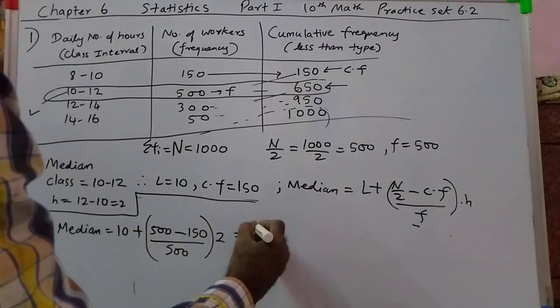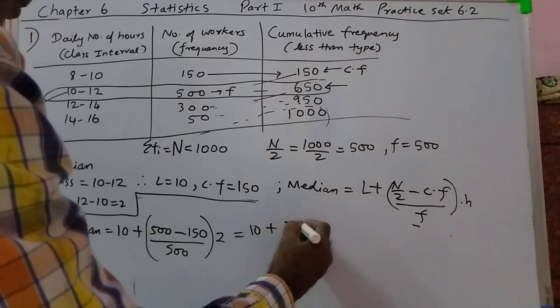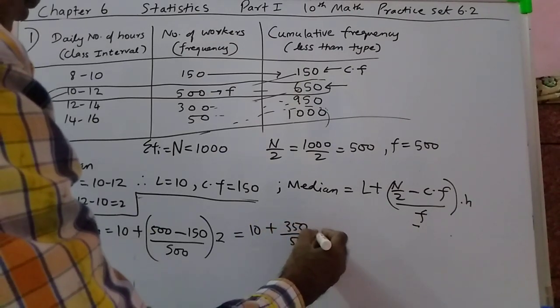That we have to do: 10 plus 350 upon 500 into 2.